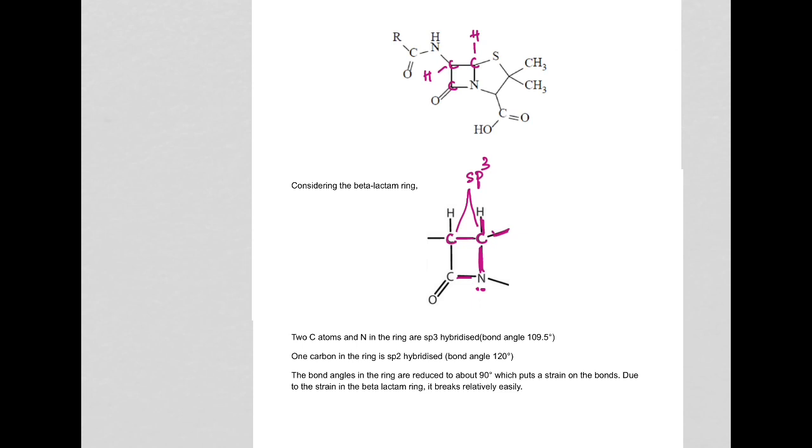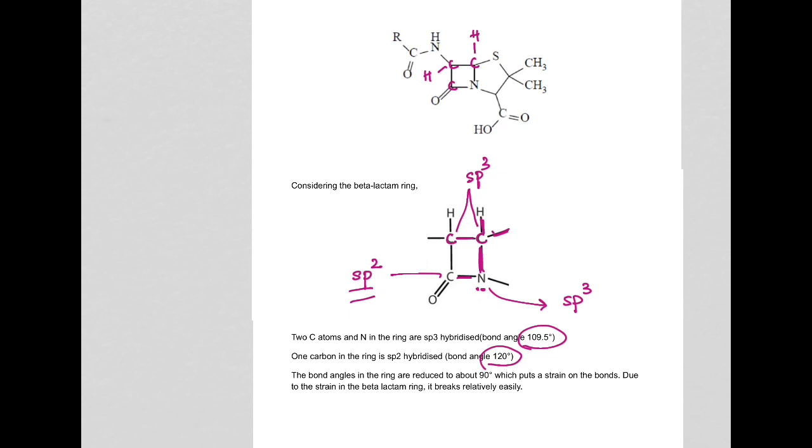So there are 4 regions of negative charge, so this is also sp3 hybridized. This carbon here has 1, 2, 3 regions of negative charge, therefore this is sp2 hybridized. So sp3 means that the bond angle is 109.5, sp2 means that the bond angle is 120.